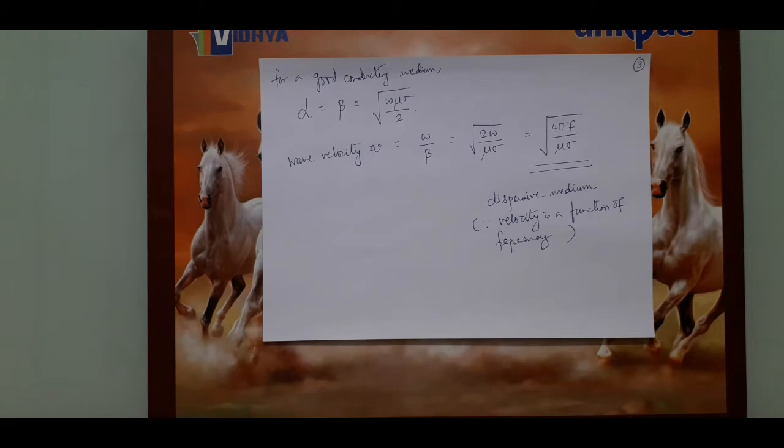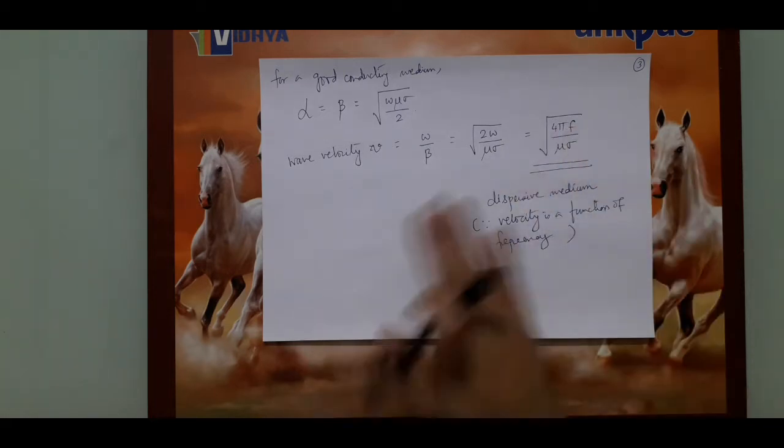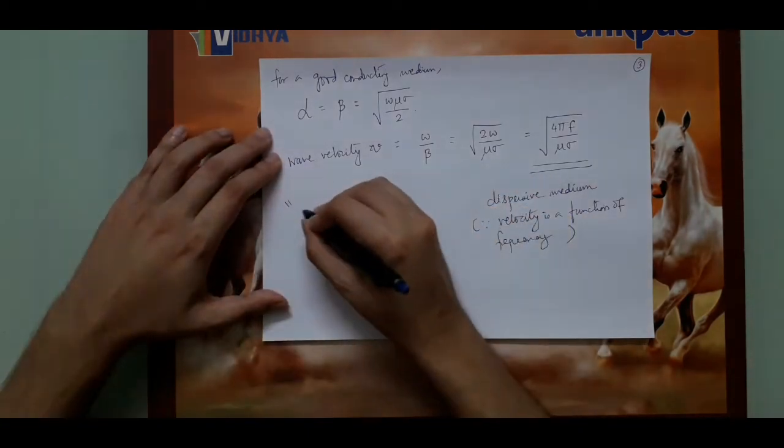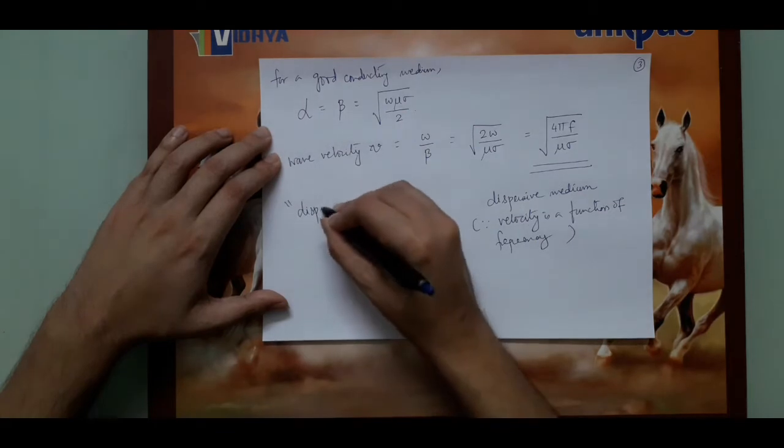So because of its properties, the different frequency components in that ray of light travel at different speeds, and therefore you are able to see the different colors. So this is no different. Here also dispersion means the same thing.